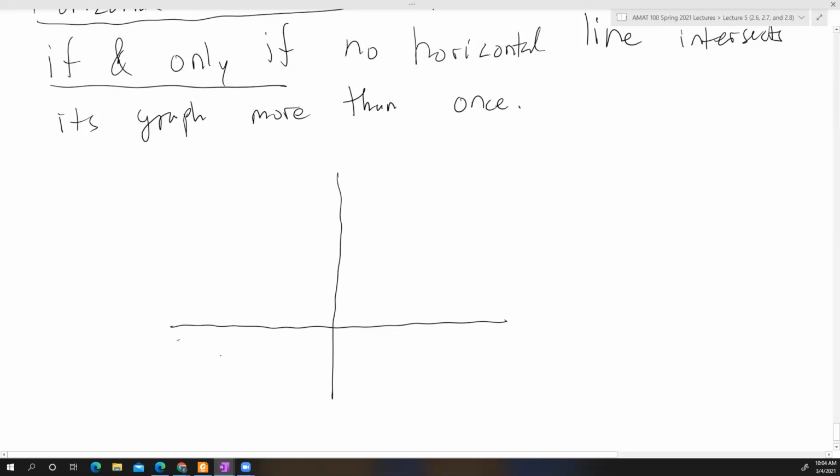So suppose we have something like this. This is the function we're going to call f, and it's a function from R to R. Now, the claim is that this is not injective.